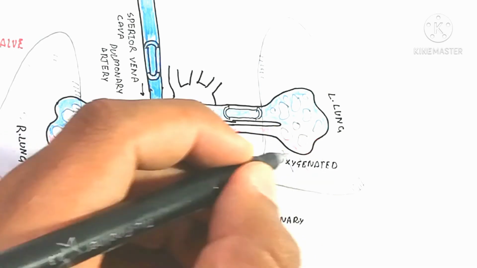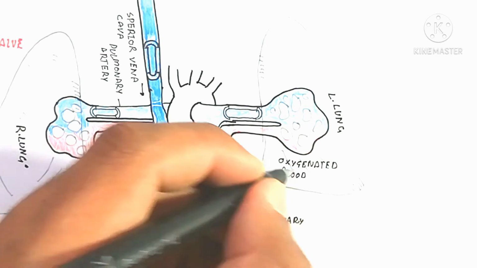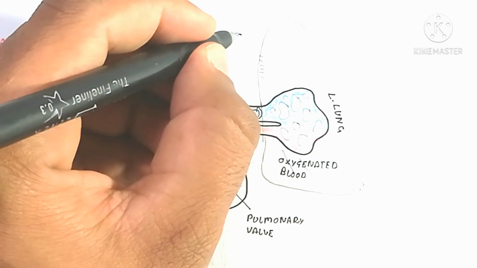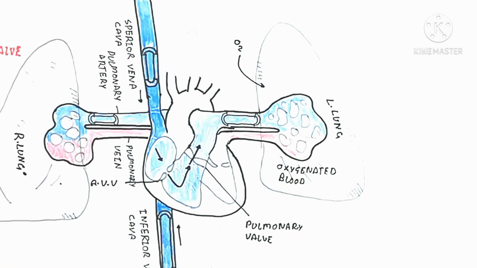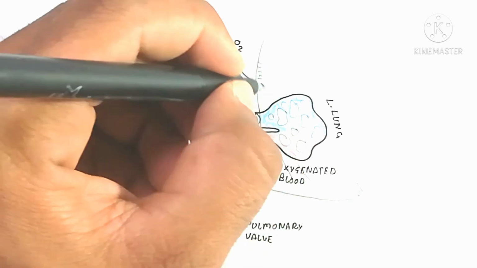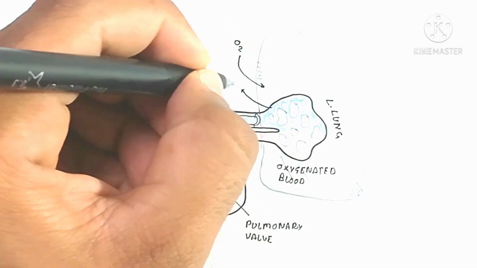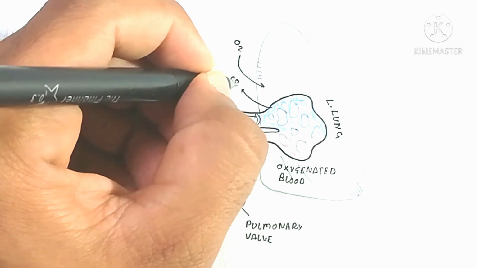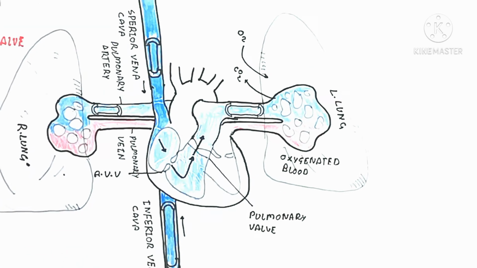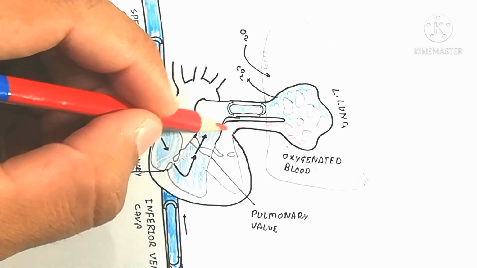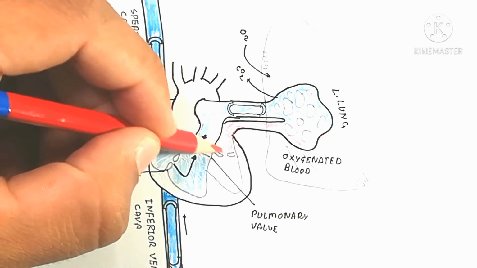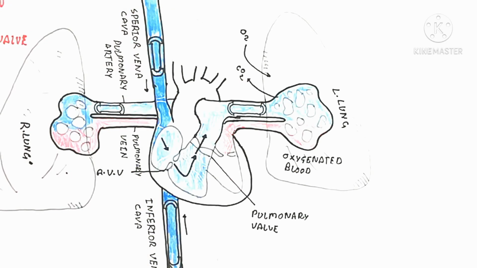This oxygenation gives a red color, which is why the deoxygenated blood is converted into oxygenated blood. It is important to know that the pulmonary vein will receive the oxygenated blood, which goes back into the heart to the left atrium. So the left atrium receives the blood from the pulmonary vein.